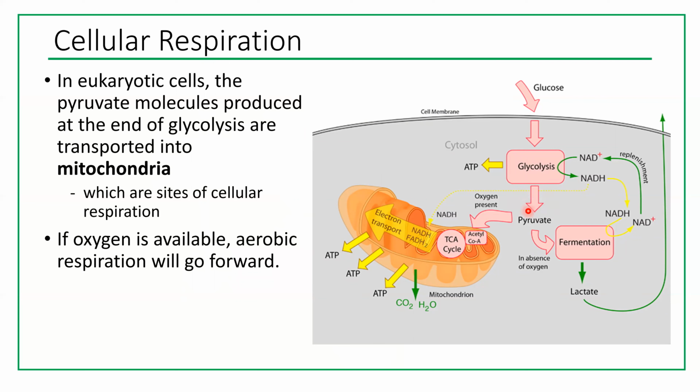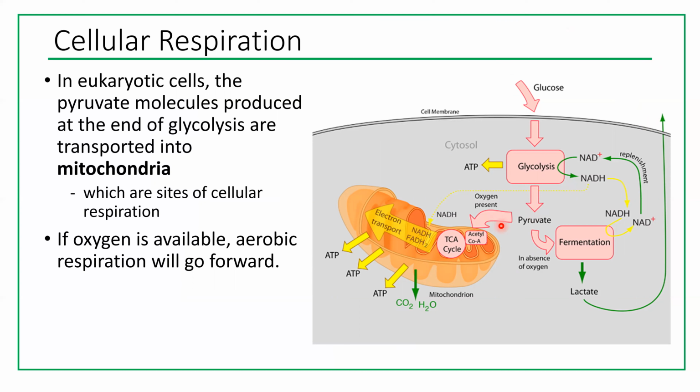Also when we break this glucose, we make NADH molecules and ATP. Now what's going to happen with this pyruvate? If oxygen is not available, it will go through the process of fermentation, and lactic acid will be produced. Then it will be removed from the cell, and can be used again in glycolysis later when oxygen becomes available.